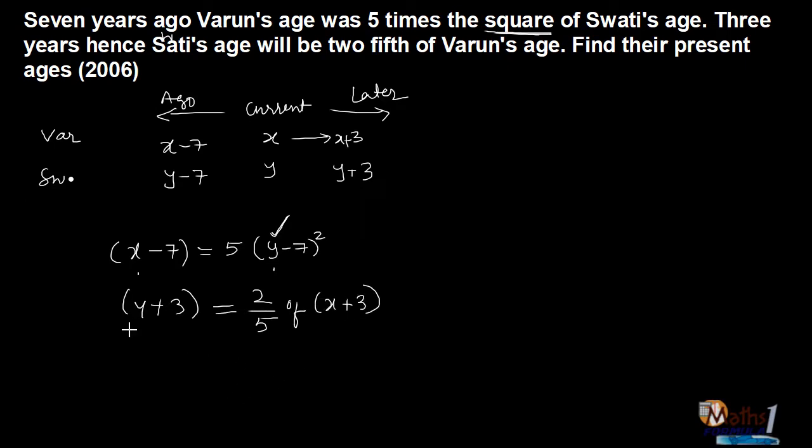Now I have x and y, I can get this equation in x and y, but I will get one y square extra. So you have an option, maybe it might work, it might not work. Take this value of x and put it here, then find the value of y. But right away, as far as I can see, this actually belongs to quadratic equation. So let's go ahead with quadratic equation.